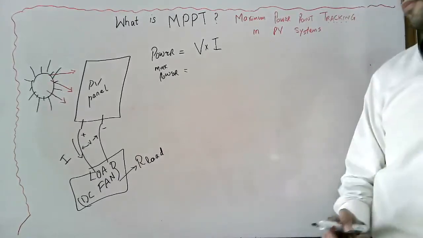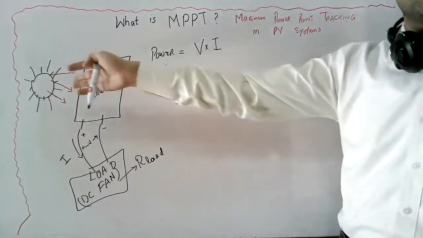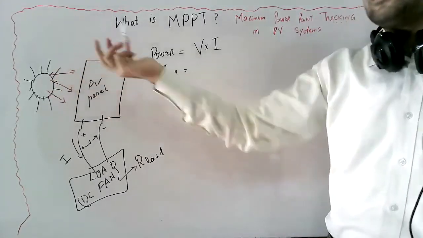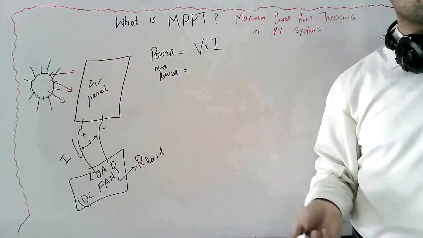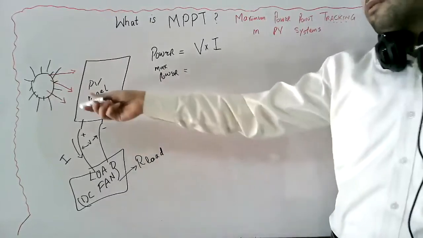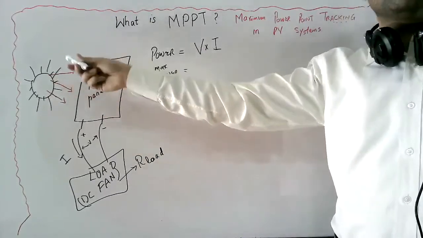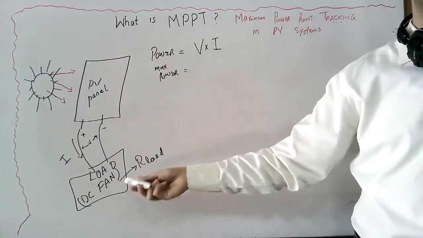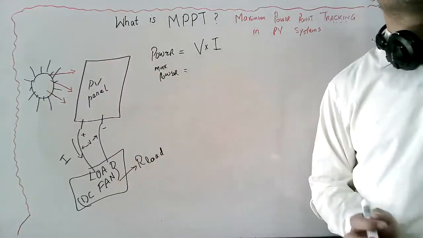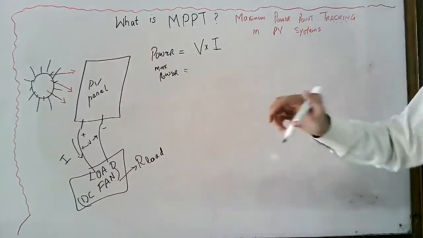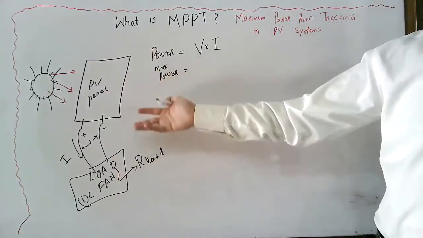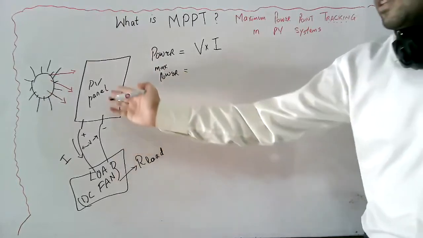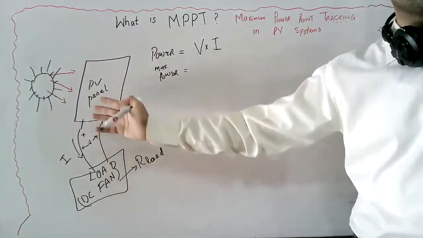Is the sunlight under our control? No. Whatever the sunlight is, it will fall on the PV panel, and this DC fan will be powered up. So under this mechanism, we cannot extract the maximum available power from the panel.